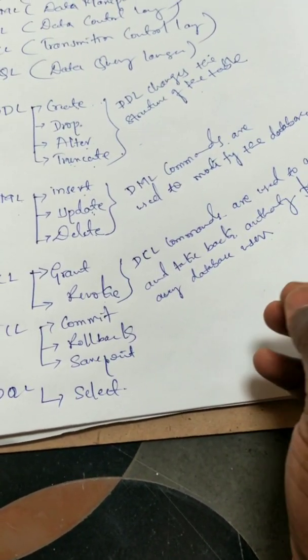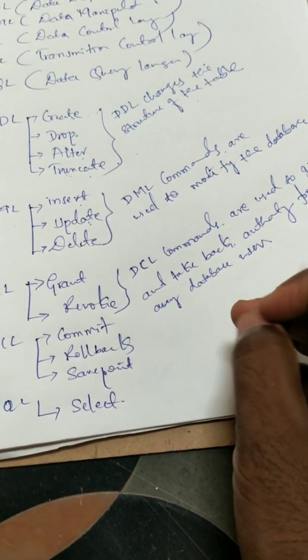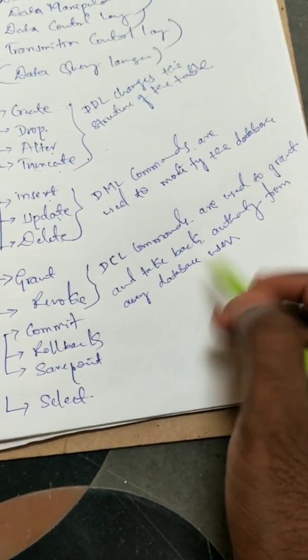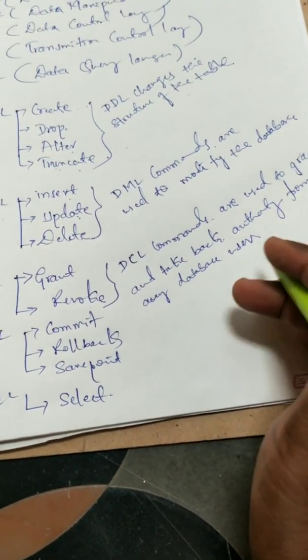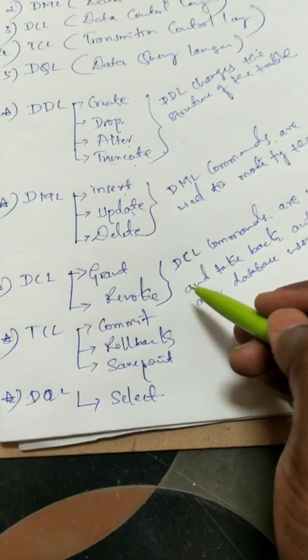Such values are very private and important, so such information should be accessed only by a particular user. In such cases you can use the grant and revoke commands.